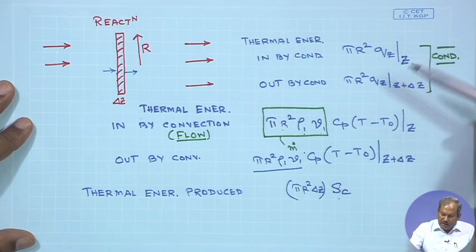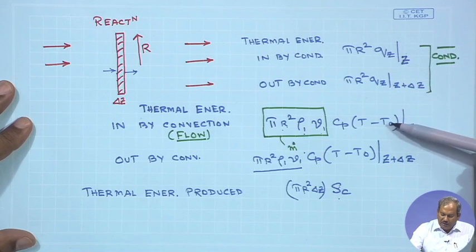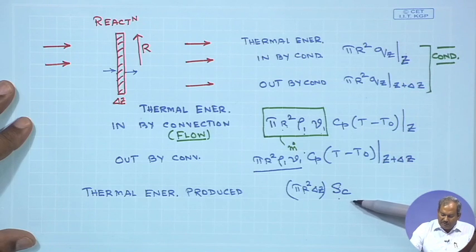And therefore, if I take the algebraic sum of this, so in minus out plus generation at steady state would be equal to 0.